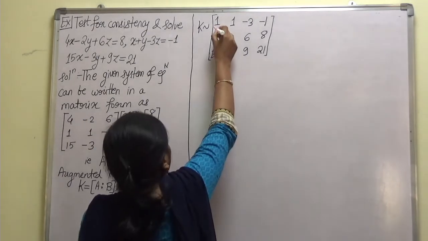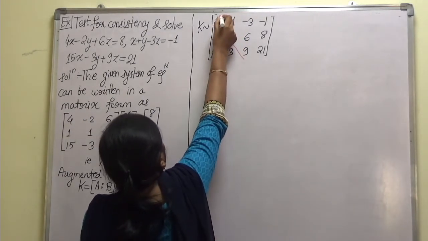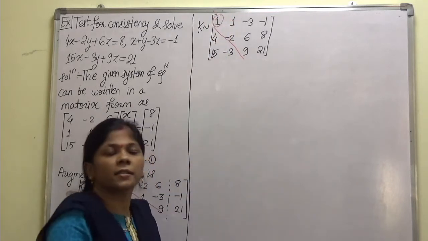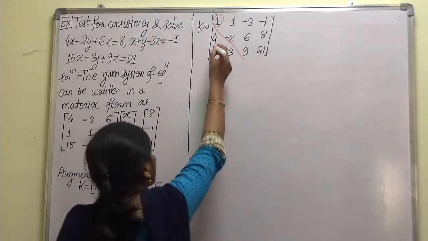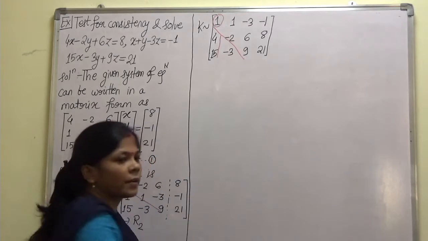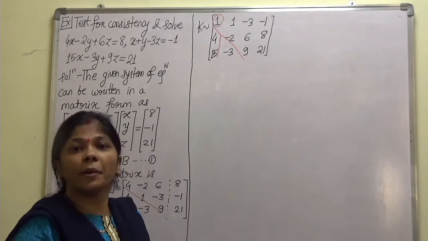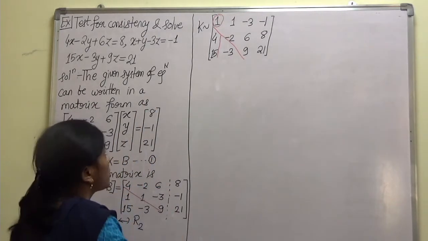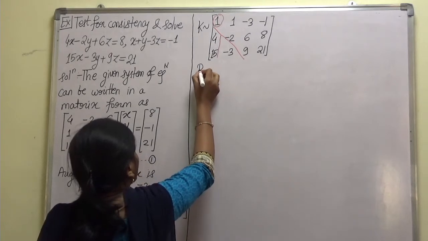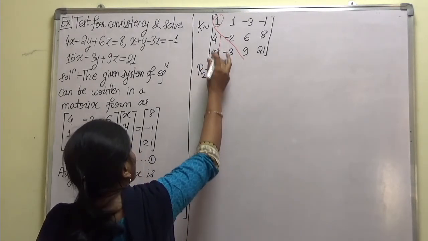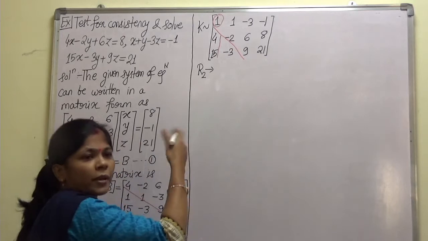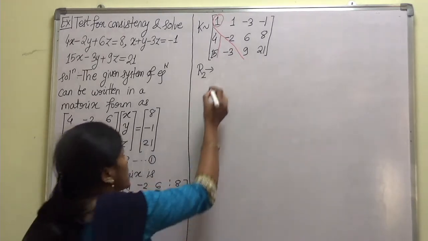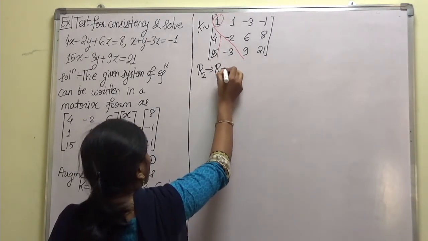Now the first diagonal element is 1. So let us make all the elements lying below this 0 with the help of that diagonal element only. The operation we need to perform: we want changes in the second row, so we multiply the first row by 4 and subtract it from the second row. So it is R2 minus 4R1.